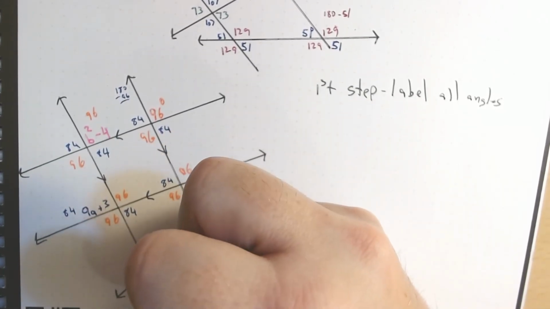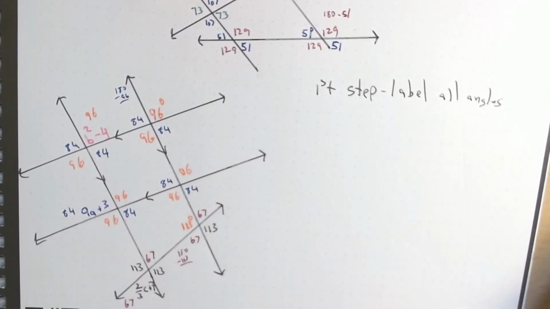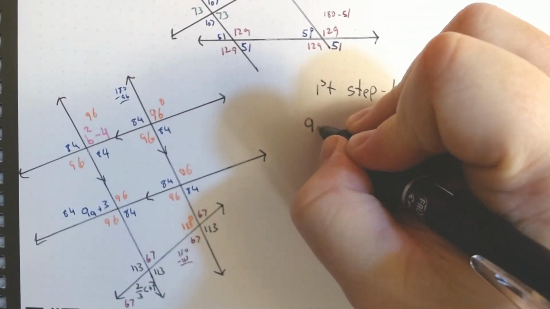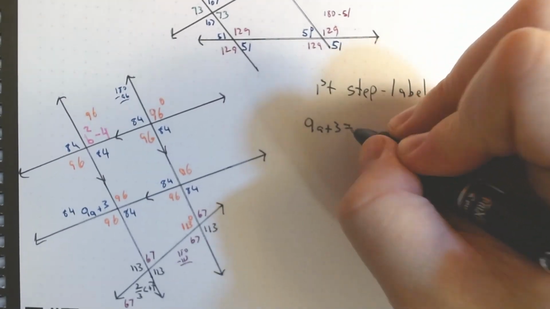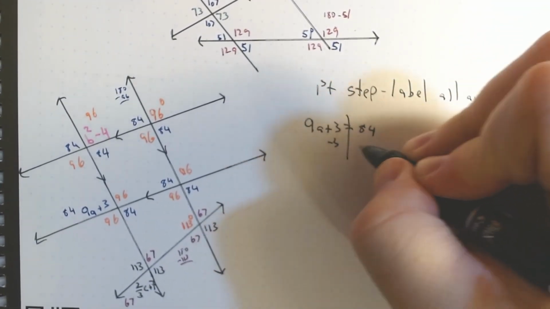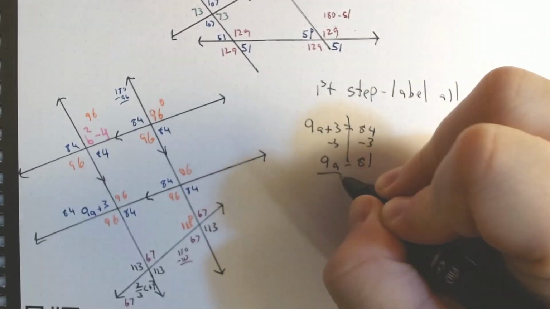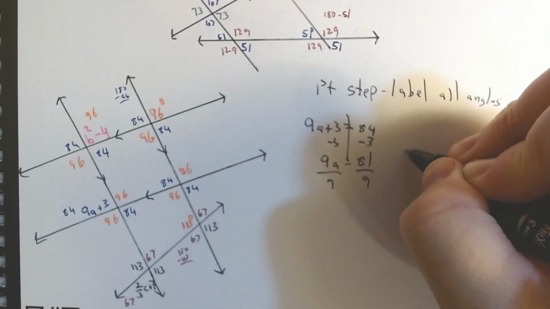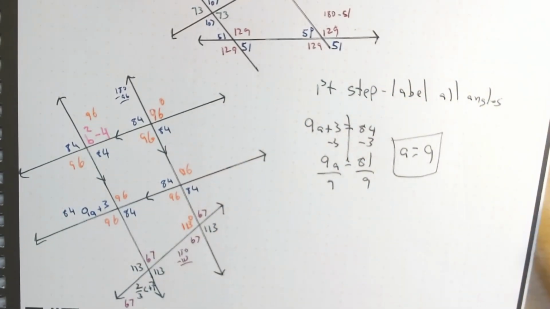And the reason we do that is now we have 9a plus 3, and we're just going to set it equal to whatever was there, 84. 9a equals 81, divided by 9, a equals 9. And we're just going to do the same thing.